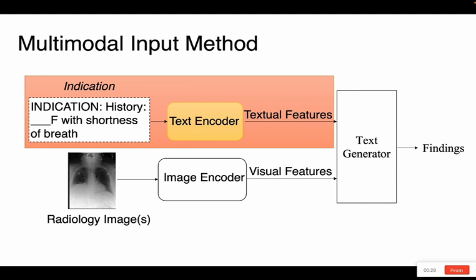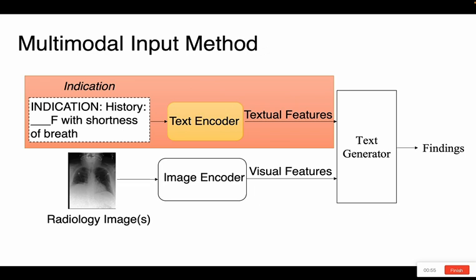This is my method. The model architecture comprises three primary components: an image encoder, a text encoder, and a text generator. The image encoder focuses on extracting visual features from radiology images. Simultaneously, the text encoder focuses on extracting textual features from the indication text.